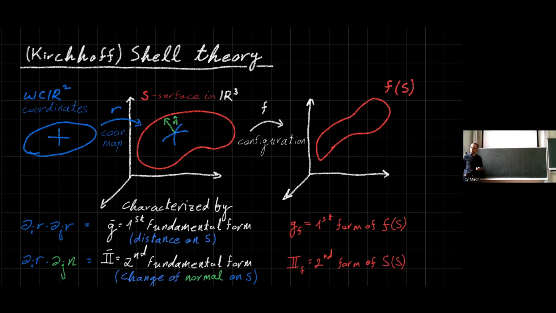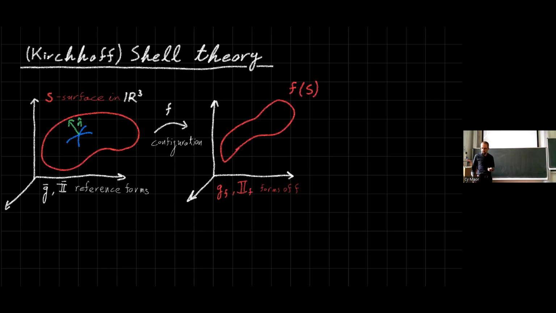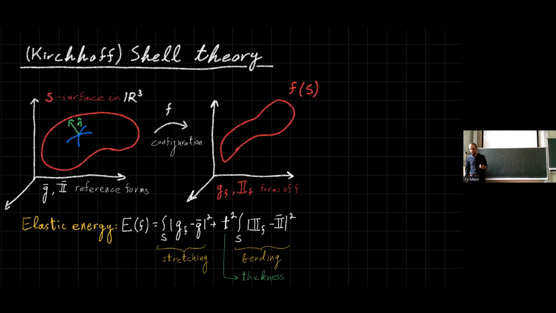So we have the two forms associated with the body and with the configuration, and then a typical elastic energy, this is Kirchhoff shell theory, measures how much the body is stretched, how much g bar, the metric of the body, differs from g_f, the metric of the configuration.